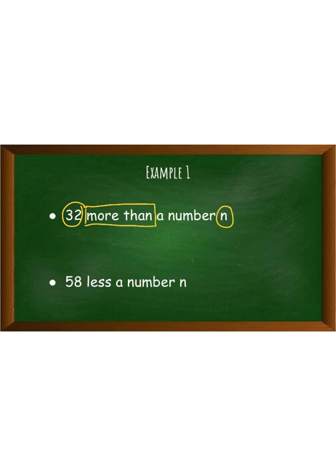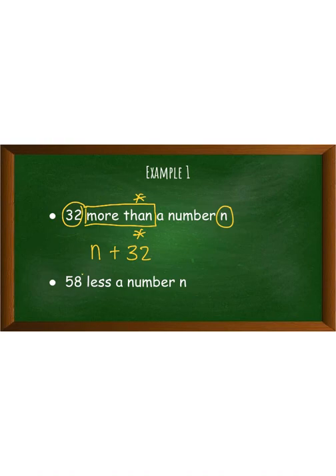Now whenever I see this word than, okay, that means that this 32 is going to go after the n: n plus 32. Why did I put plus? Because it said more, okay? If it said 32 less than a number n, it would be n minus 32, okay?